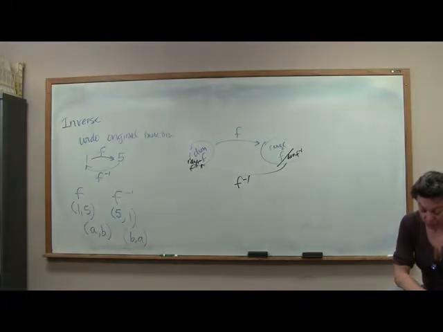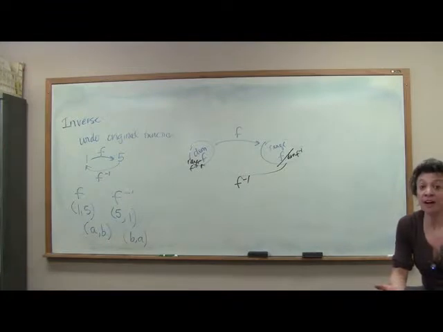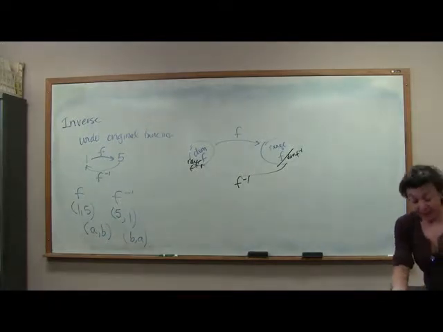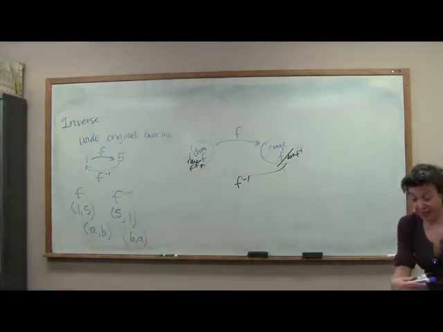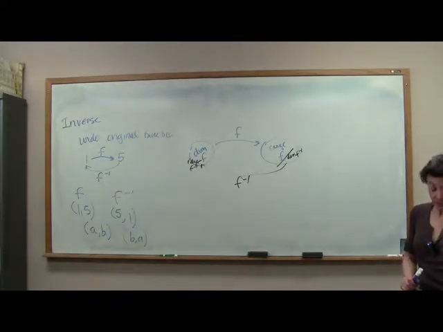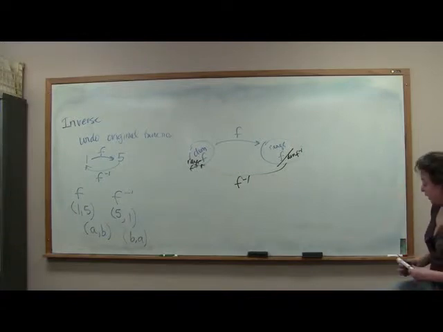The next important question is, if an inverse does exist, can we find the formula for it? And then the third and final question is, if we're given 2 functions, how can we verify whether or not they're inverses of each other? Okay? So let's do this one by one.